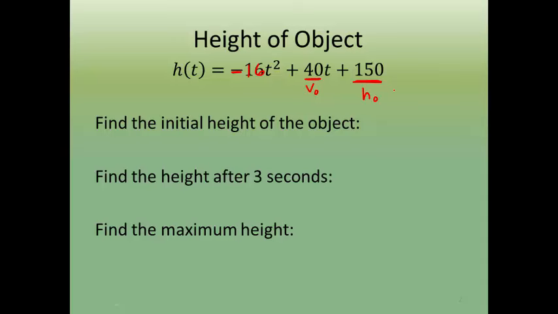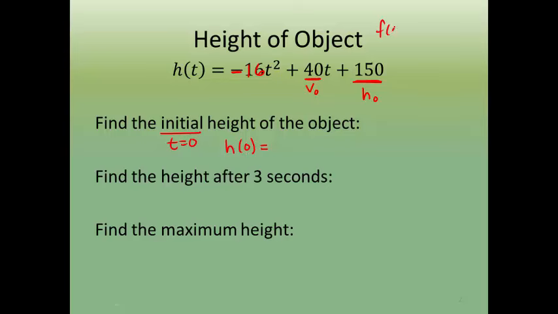The first question says, what is the initial height of the object? Let's suppose you get to an assessment and you don't remember that it's the last term of the quadratic, plus h sub 0. Well, the initial height, meaning when time equals 0, is when it starts. So why don't we just find h of 0, meaning substitute in a 0?